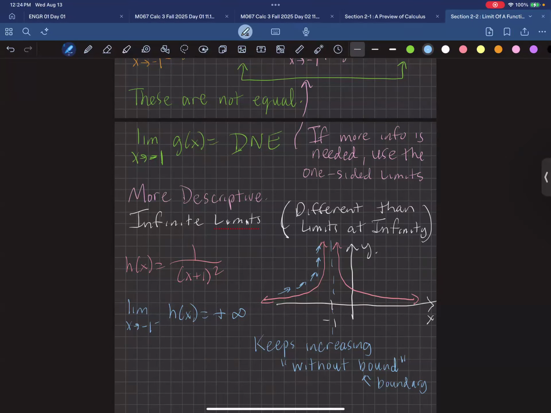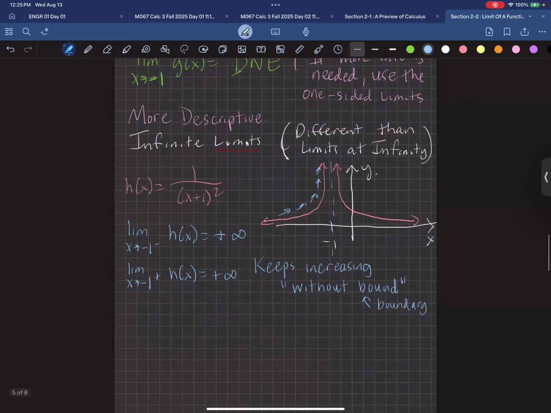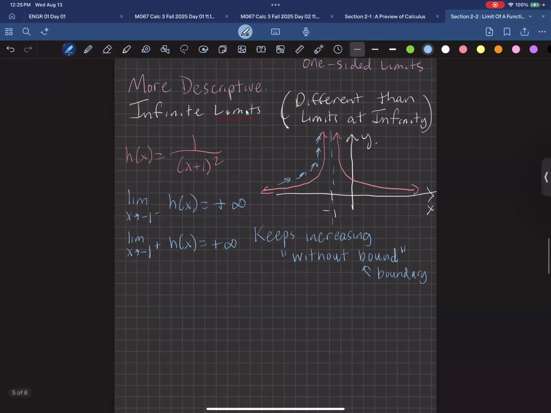The same thing actually happens if we approach it from the right. Infinity, positive infinity or negative infinity, is not really a number. It's an idea, a concept.